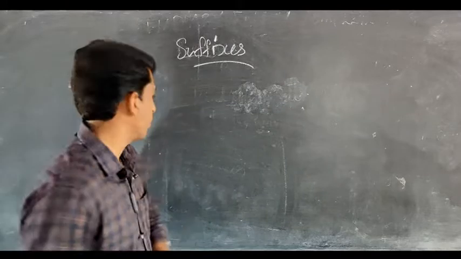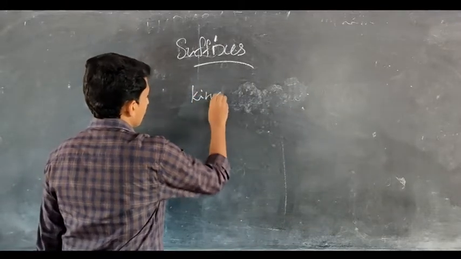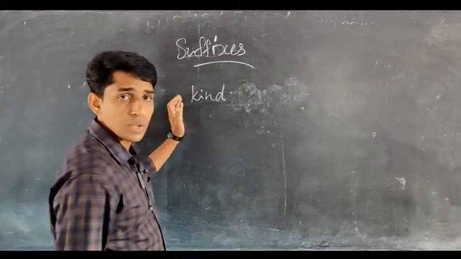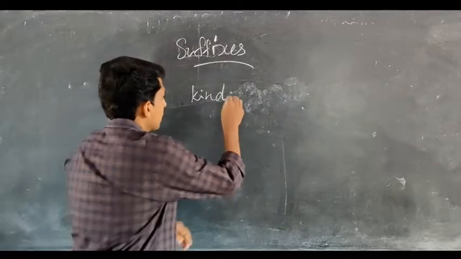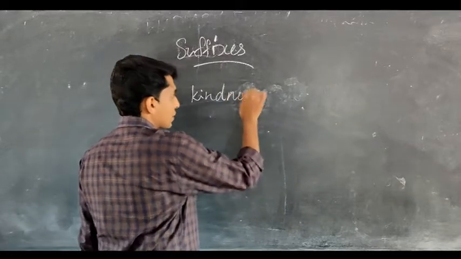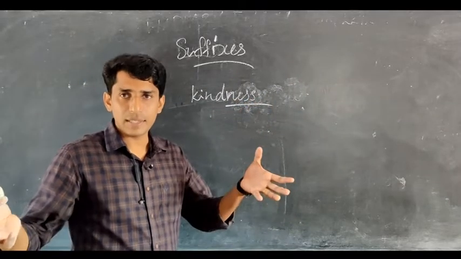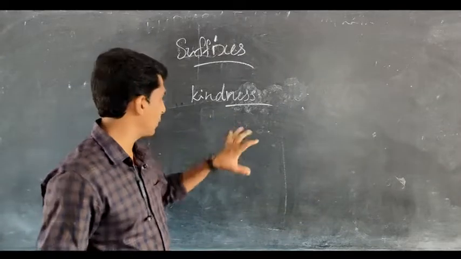Very, very easy to see. I already wrote kind. We can use the prefix un to get unkind. We can also use a suffix, kindness, N-E-S-S. Okay. Kindness is not a suffix.